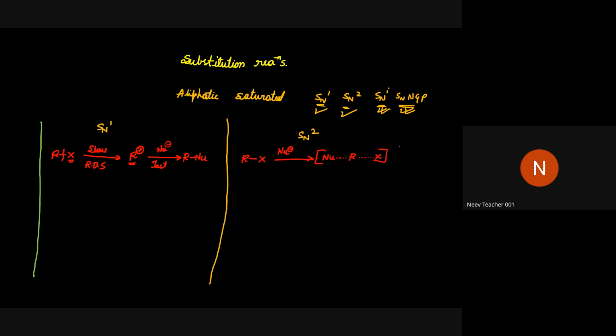This overall transition state has a delta negative charge, because the nucleophile is negatively charged, and the leaving group will also be a negatively charged species generally. So overall, this transition state is electron rich in nature. That is what happens in the single step. The product will be R-Nu.